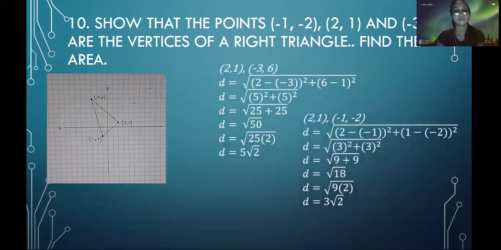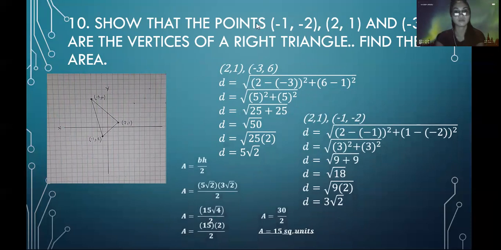So here, first we're going to find the distance between the points 2, 1 and negative 3, 6. So here, d is equal to the square root of 2 minus negative 3 squared plus 6 minus 1 squared.